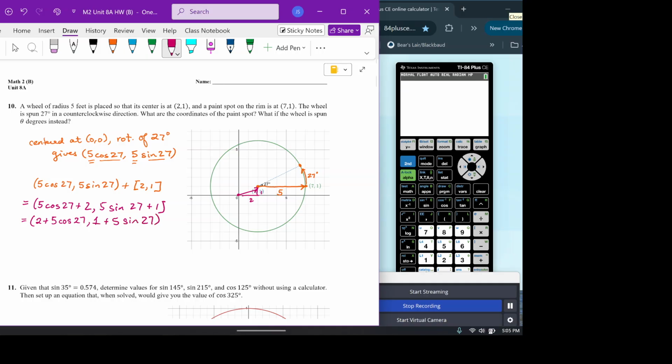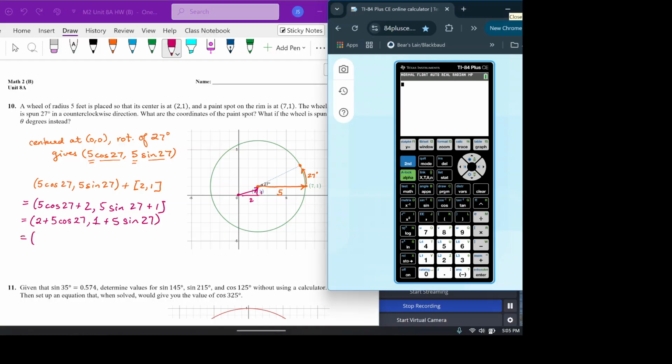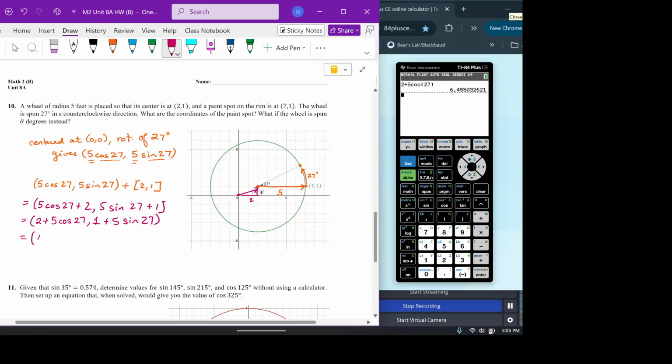And then if you wanted a more practical way of thinking about it, you can plug them into a calculator. I'm in radian mode, so I'm going to hit mode, come down here to degree, switch it over, second mode to quit. And then I'm going to do 2 plus 5 cosine 27. And I got 6.455-ish.